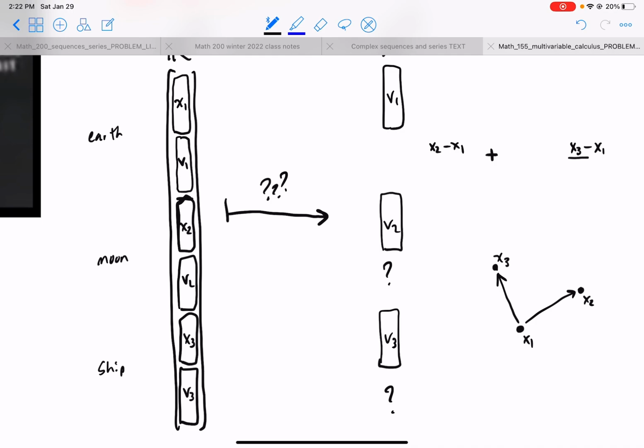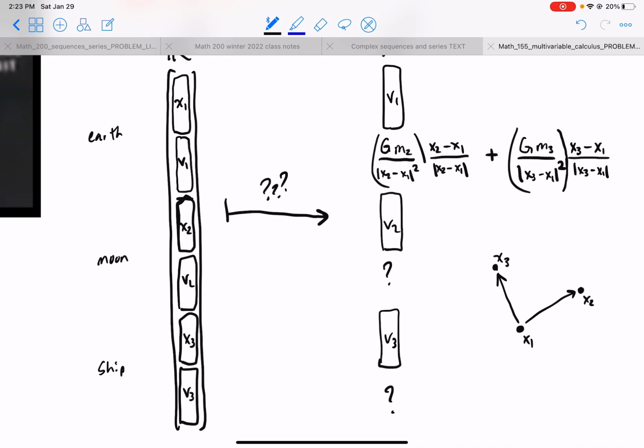Now, to make it easier, let's normalize these vectors, because then we know how big it should be. It should be the gravitational constant times the mass from x3, the spaceship, the third mass, divided by the square of the distance, x3 minus x1 squared. This is some number times a vector. And that number also needs a square of the distance times a vector.